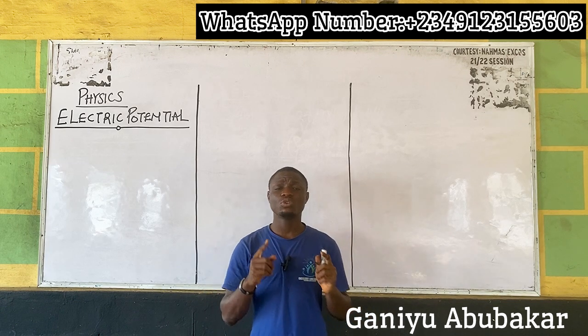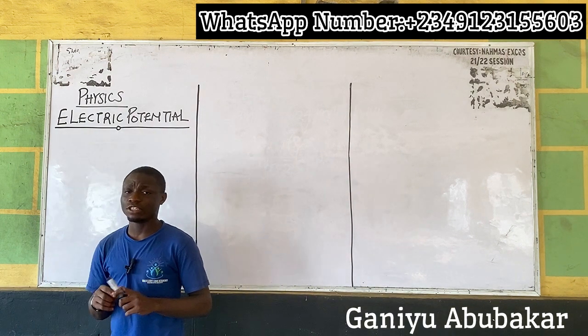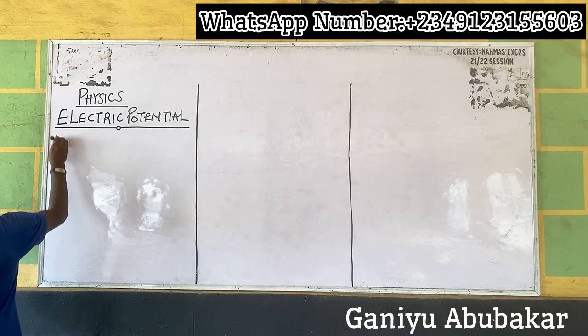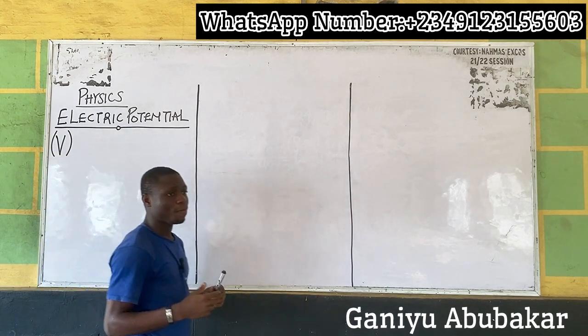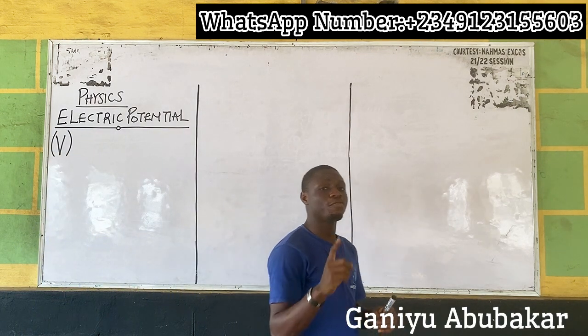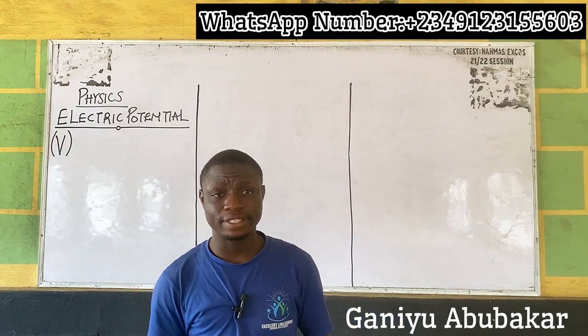It is very important to note that electric potential is abbreviated using the symbol V. So V is a symbol for electric potential, while capital E is a symbol for electric field, or you call it electric field intensity.